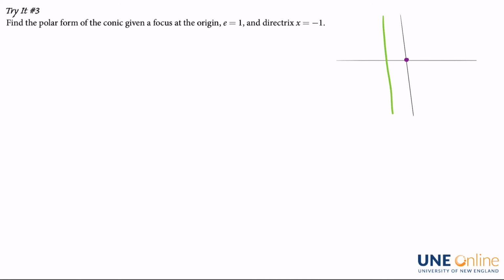We also know that our eccentricity is equal to 1. This means we are working with a parabola. Since we have a parabola and we know that our focus is right here and our directrix is here, the parabola is going to be sketched open to the right, something like that.